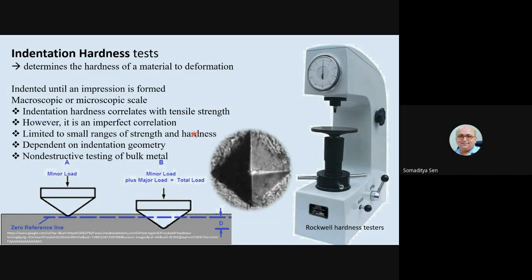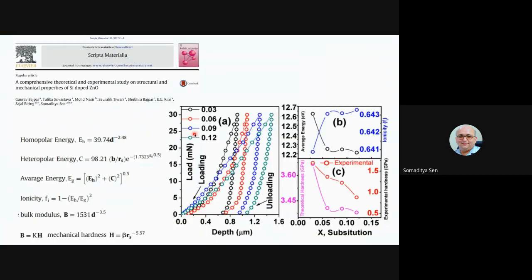The indentation hardness tests have been done by one of my previous students, Gaurav Bajpai. He was a mechanical engineering guy, so he did it from his own interest. He found that the formation bond, homopolar energy and heteropolar energy are very much correlated to the bulk modulus and hence the mechanical hardness of these materials. These studies were published in Scripta Materialia back in 2017.